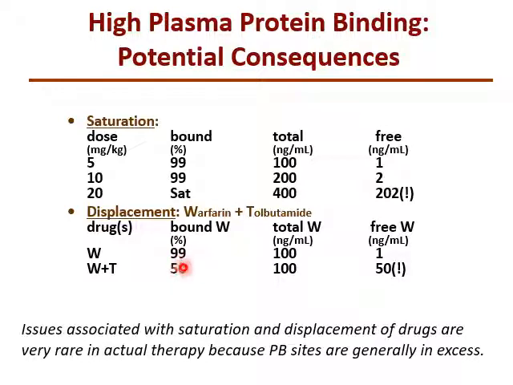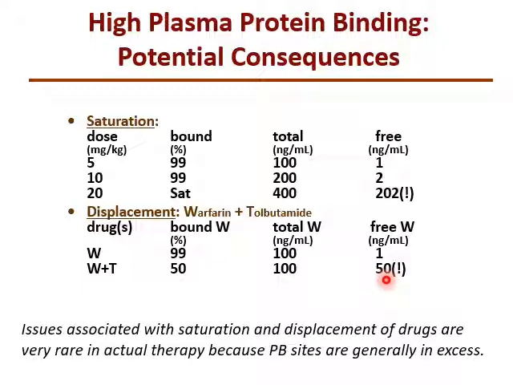What happens to the total warfarin? That doesn't change. We've just knocked it off its binding site, so an assay of total warfarin in blood wouldn't change. But look at what happens to free. We've gone from 1 molecule free and 99 bound to 50 unbound and 50 bound. Tremendous increase in free drug concentration.